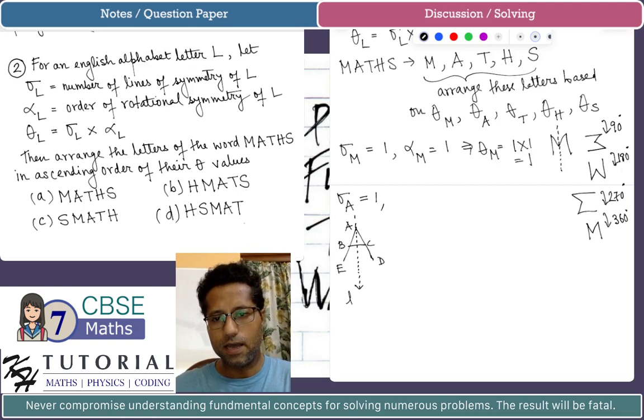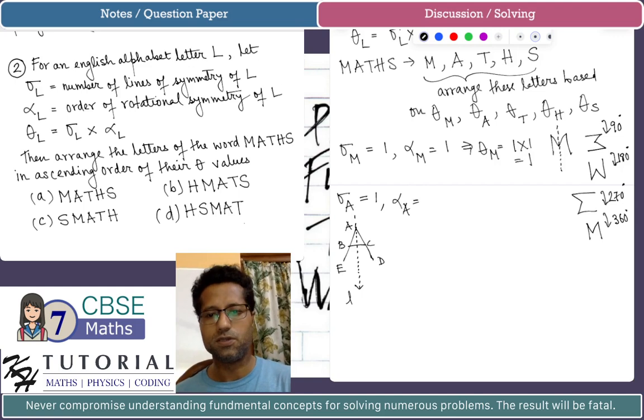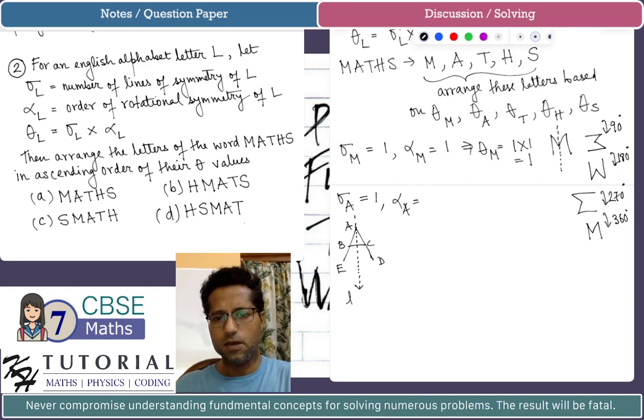Okay, what about alpha A? That is the order of rotational symmetry of A. Let's see, if I rotate A 90 degrees clockwise, I get this. This is the 90 degree clockwise rotation of the letter A, which is not looking identical to A. What about when we rotate this letter A 180 degrees clockwise?